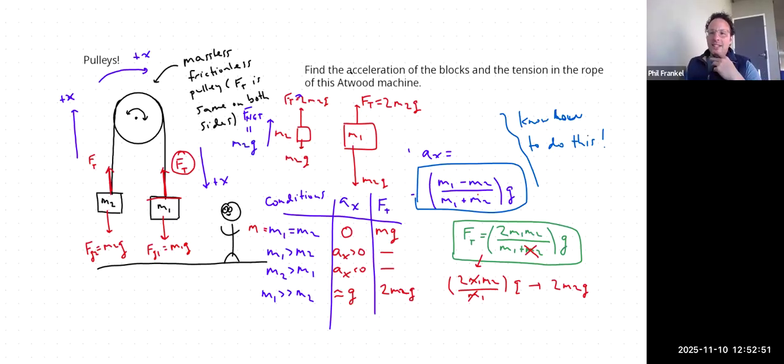That means object 2 has a net force equal to its weight pulling it up. But I know what happens if the net force on an object equals the object's weight. The object's acceleration is 9.8 meters per second squared. That explains why object 2 is accelerating up at 9.8 meters per second squared, because the net force on it is m2g in the upward direction.